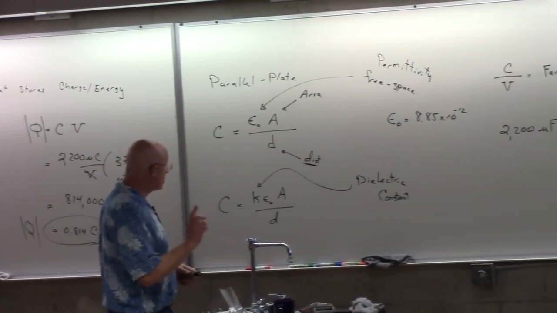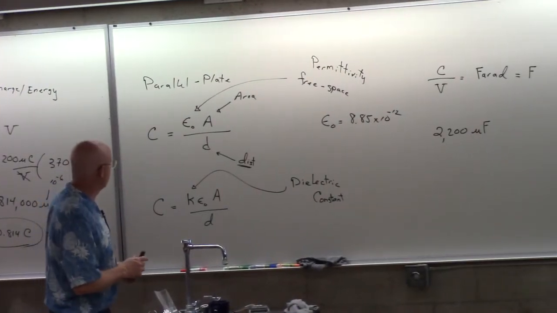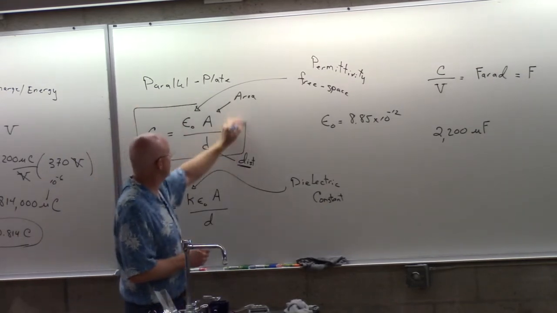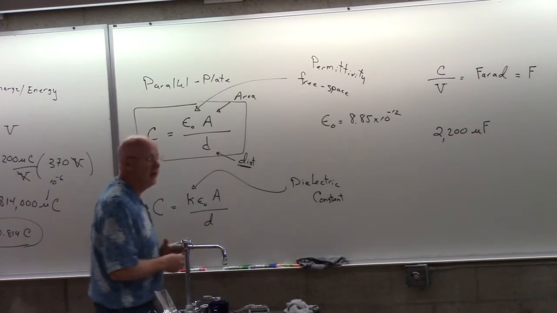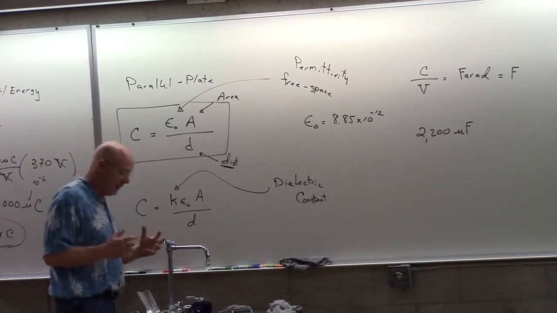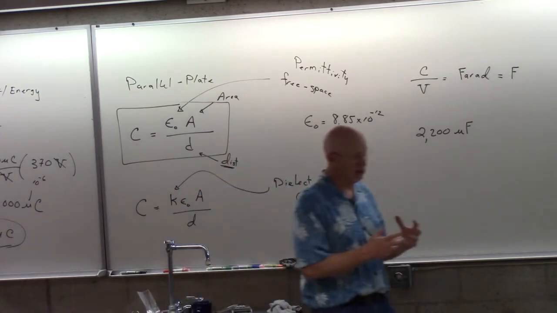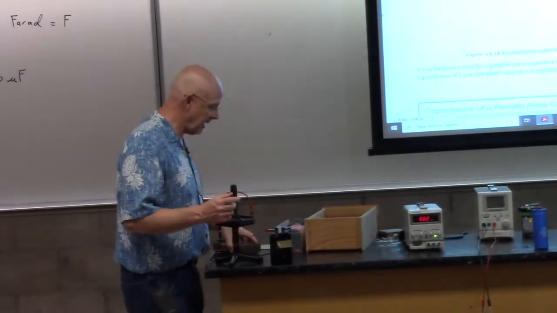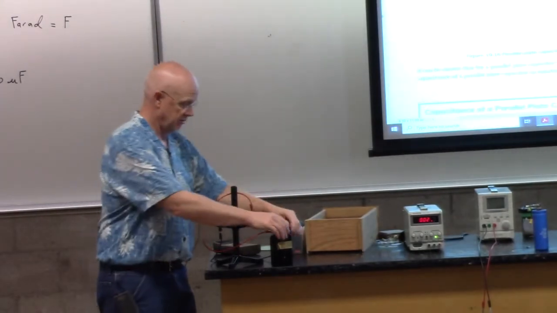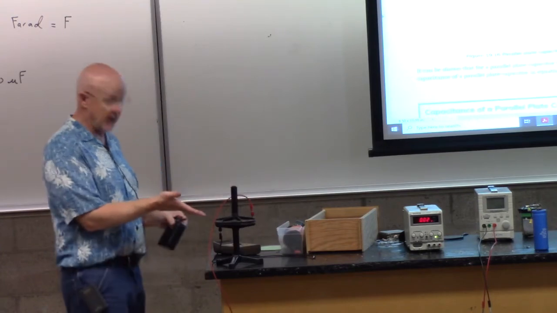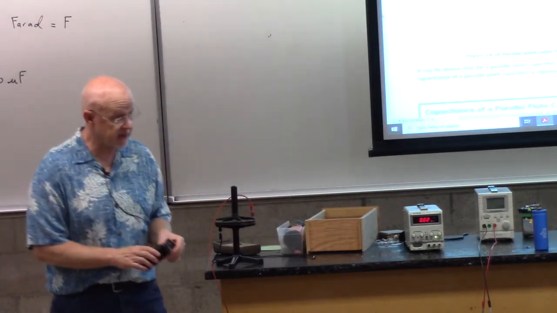All right, so I want to show you that if I had a parallel plate and if I had nothing in between them, this would be its capacitance. Now, unless I make a vacuum, I can't really have nothing in between them. So I will say that I am making close, but not perfect, a free space capacitor right here. This is my capacitor.